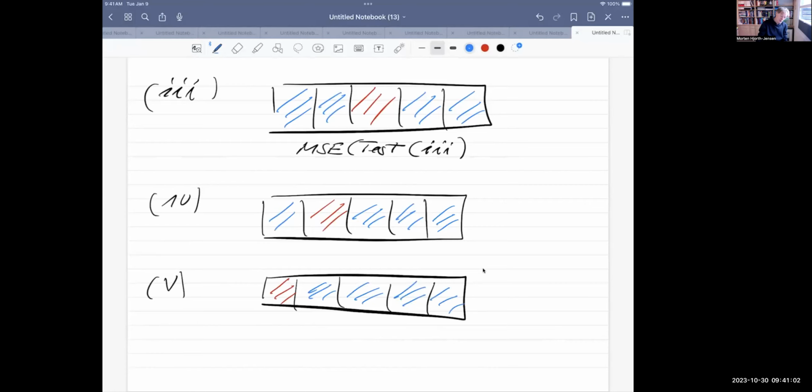And that means that the total mean squared error for test is now given by 1 over 5, the number of folds, sum over i equal 1 to 5, of MSE test for i, like this.